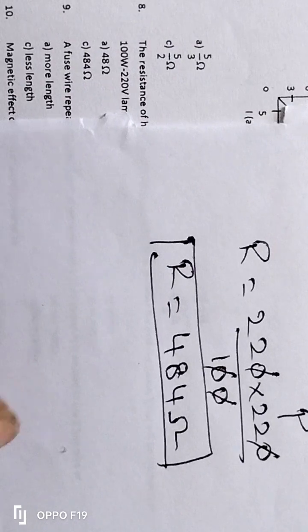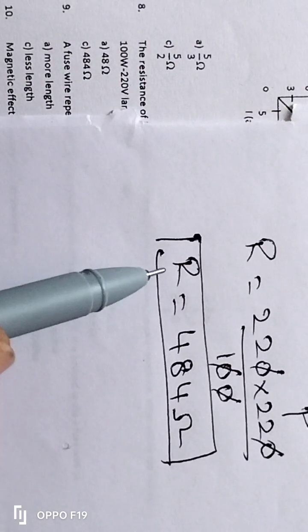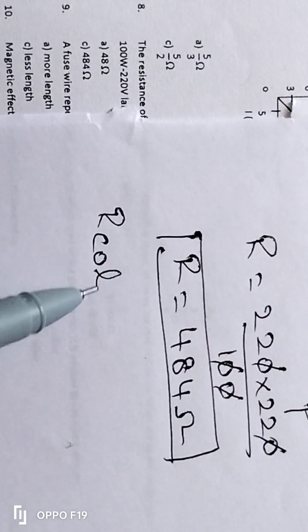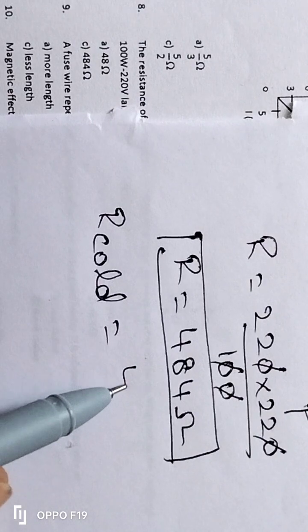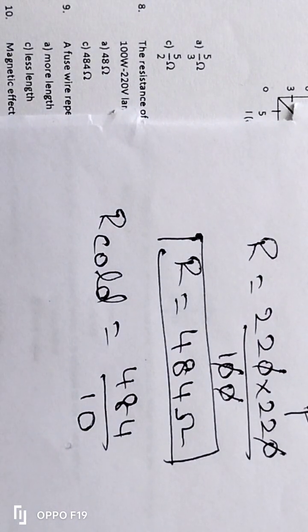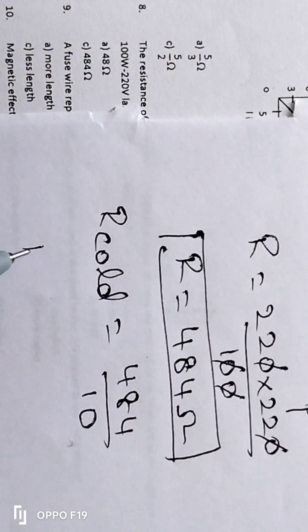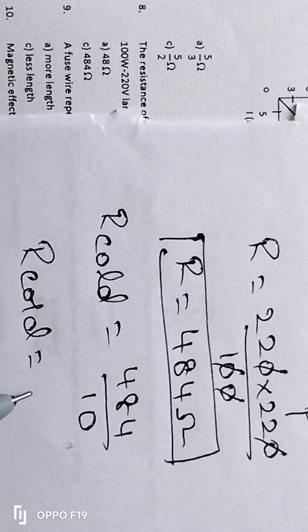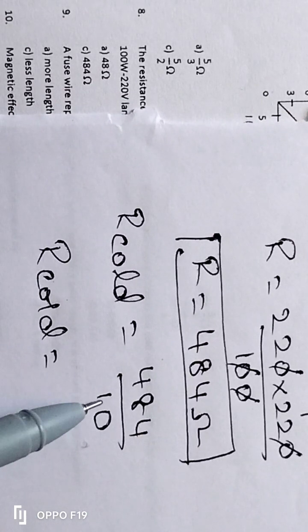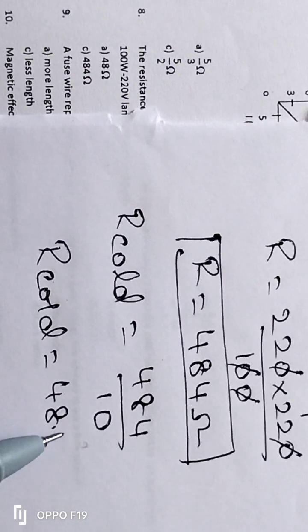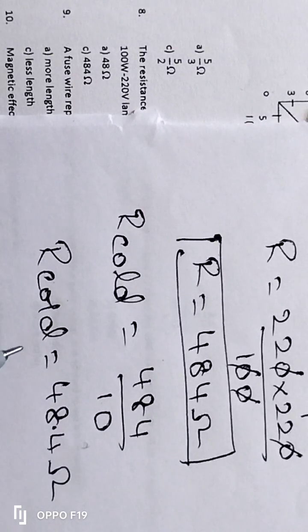Now when it is cold, the resistance of the hot filament is 10 times the cold. Therefore the resistance of the cold is equal to 484 divided by 10, since they have given 10 times. 484 divided by 10 will become 48.4 ohms.